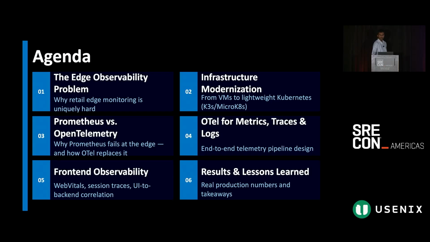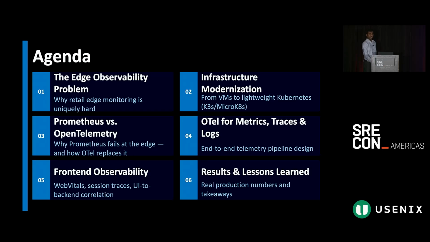We'll start with the problem statement, then move into infrastructure modernization. These days, retail organizations are moving from bare metal or virtual machines to Kubernetes, similar to the on-prem to cloud migration or to a public cloud provider. We'll talk about that. Then we'll go through Prometheus with OpenTelemetry.